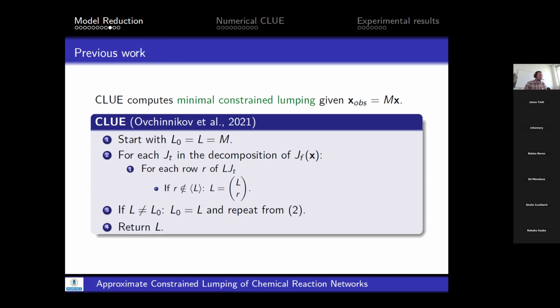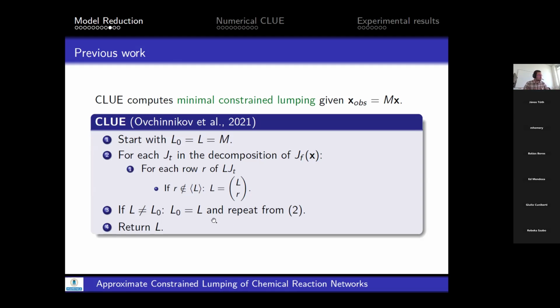And this algorithm computes the minimal lumping in the sense of dimension that preserves this information. So once you are done with this, you are guaranteed that you get the minimal differential system that you need to represent these observables.